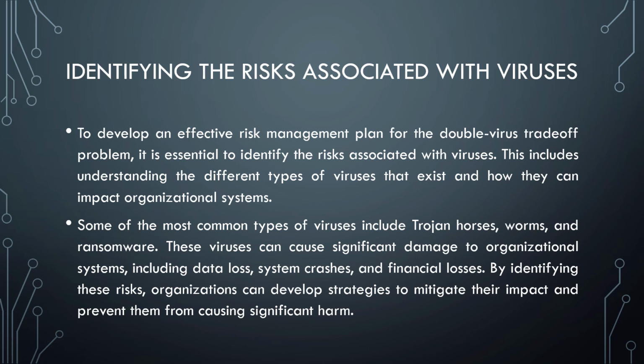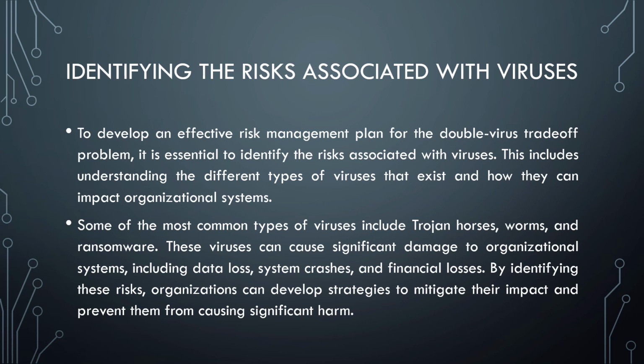Identifying the risks associated with viruses. To develop an effective risk management plan for the double virus trade-off problem, it is essential to identify the risks associated with viruses. This includes understanding the different types of viruses that exist and how they can impact organizational systems.